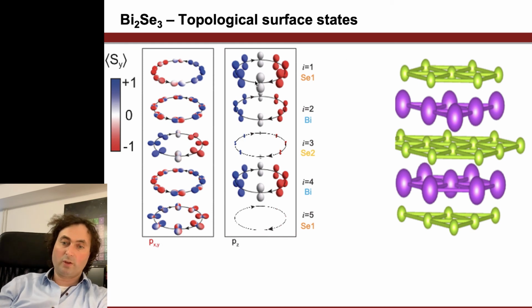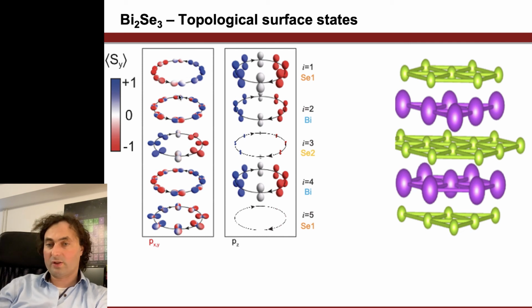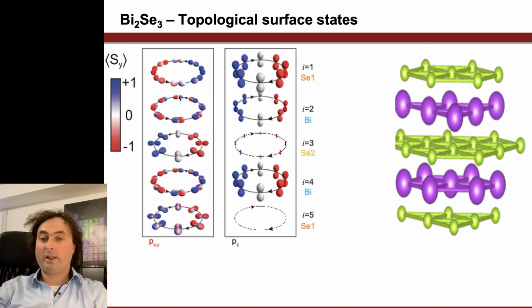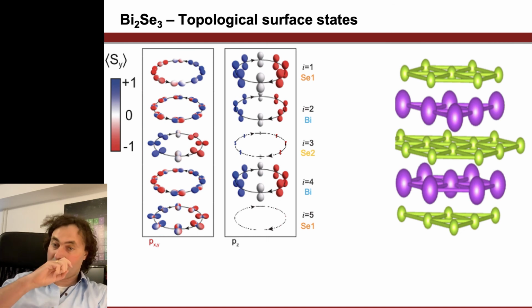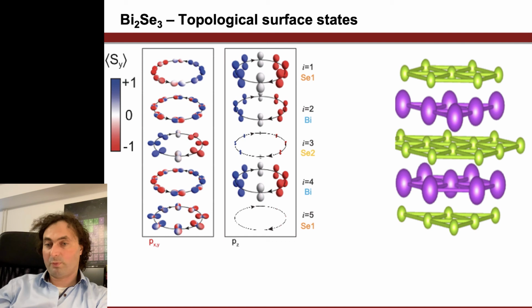Now, we do not only have pz character, we also have some in-plane character of these orbitals. And you actually see that when in the third layer there is no pz character, there is some character in the other orbitals. And for the other orbitals, you might have a spin that is rotating in the opposite direction, or there might even be some entanglement between the px and py orbital and different spin directions inside there.